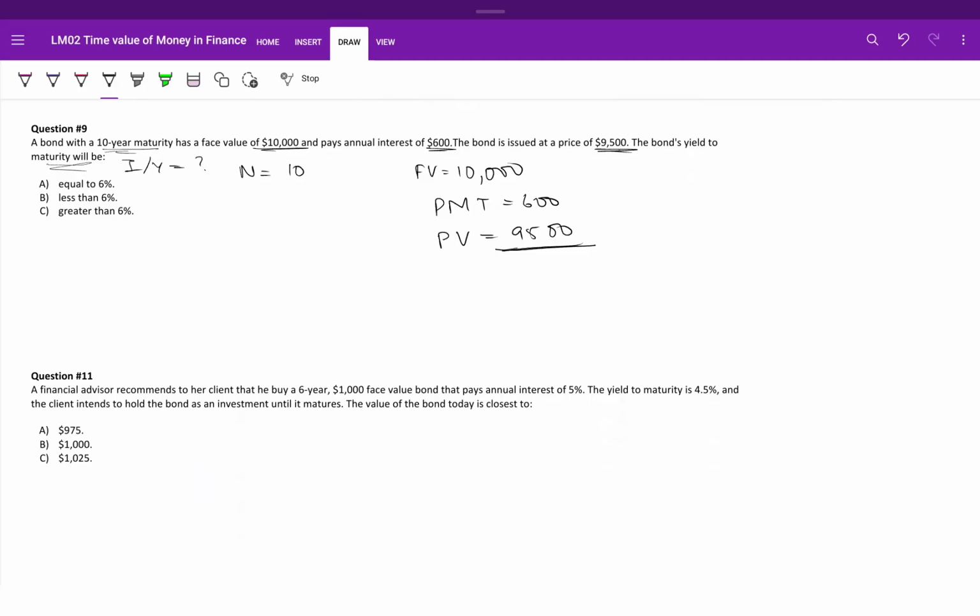So no calculation is needed to answer this question because the bond was issued at a price of 9,500. If you look at the question, 9,500 is below the face value of 10,000. So this is actually a discount bond. And if you look at the $600 interest, the coupon rate is 6%.